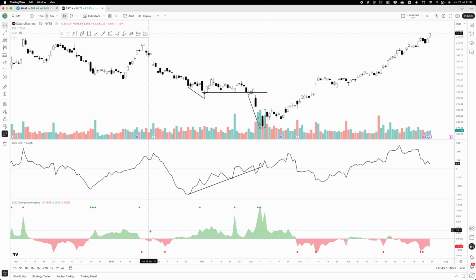So we can see in the beginning, bears tried really hard and eventually they succeeded, and we're moving with very little movement on the indicator. So we're moving with convergence now.